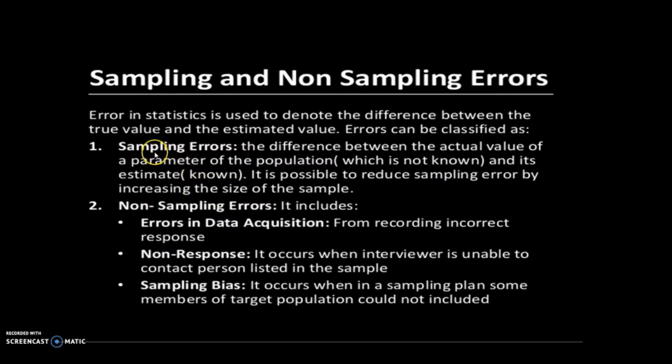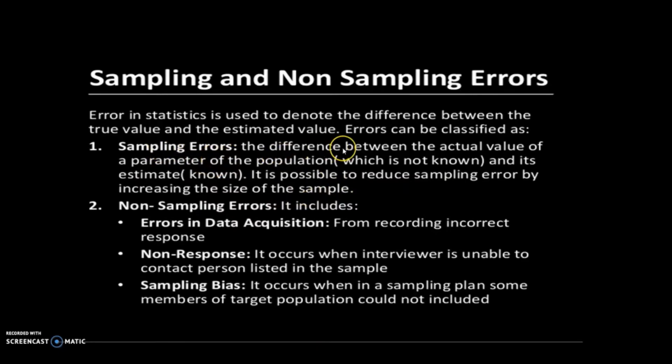So first one is sampling errors. The difference between the actual value of a parameter of the population, which is not known, and its estimate, which is known. It is possible to reduce sampling error by increasing the size of the sample. So, what do you mean by sampling errors?